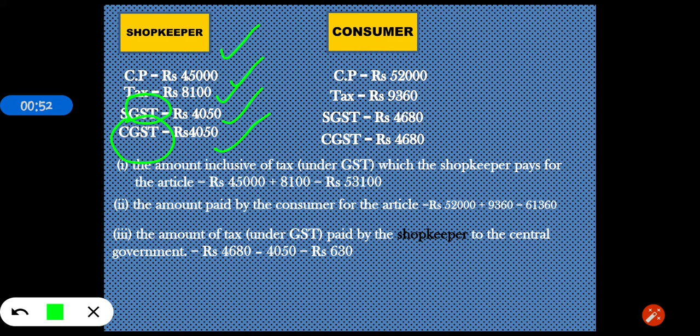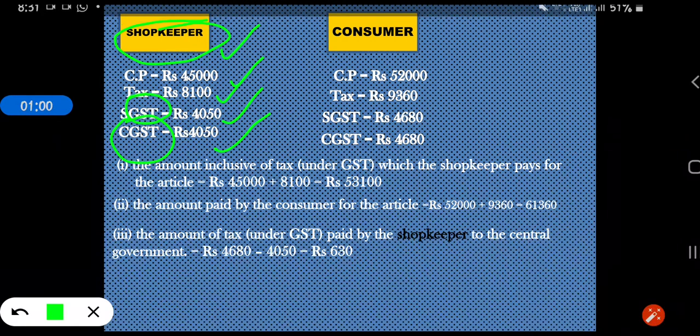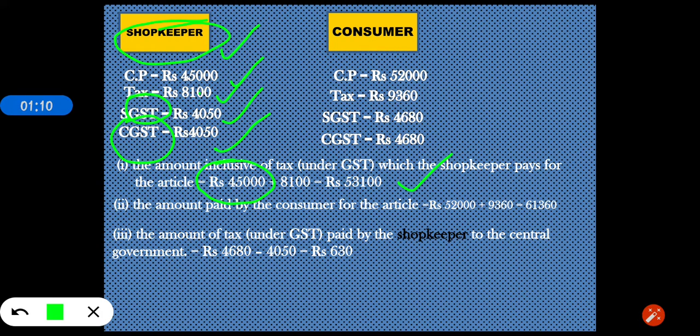Question sub number 1. The amount inclusive of tax on the GST which a shopkeeper pays for the article. So its cost price is equal to 45,000 plus total tax 8,100, which is equal to 53,100 rupees.